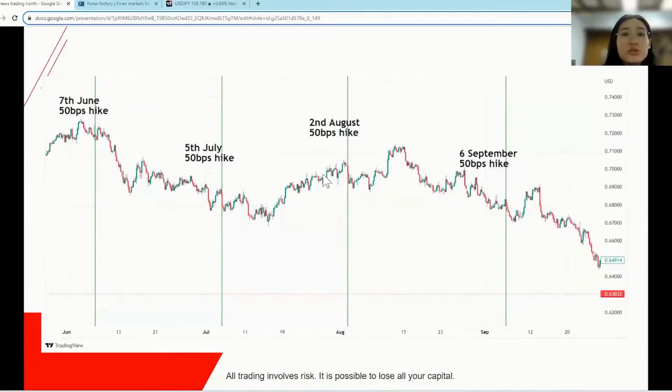Even though it did continue to rise in between, perhaps because of a forecasted release that price is likely to not increase anymore. But you see, after this data release on 2nd of August, price continued to drop. So you can see after each 50 basis points hike data release, price continued to drop for each of these.